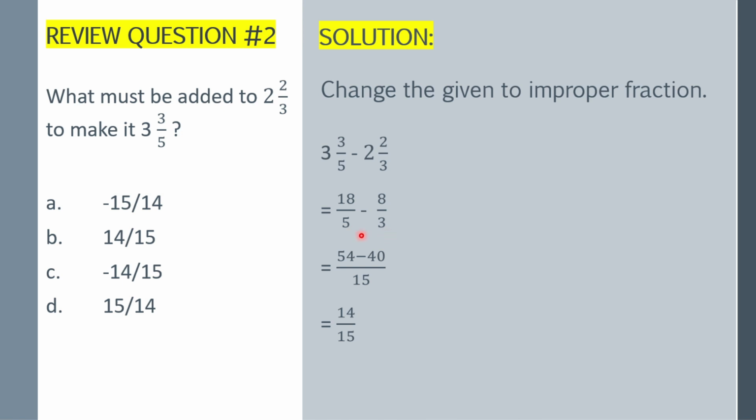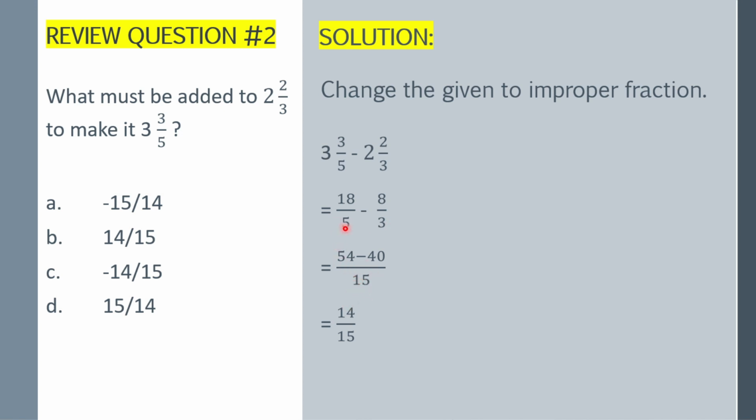Okay, as you take a look, they have different denominators. So, we will apply here addition of fractions with similar denominators. That means we have to get the LCD of 5 and 3. So, we get 15 as the LCD.